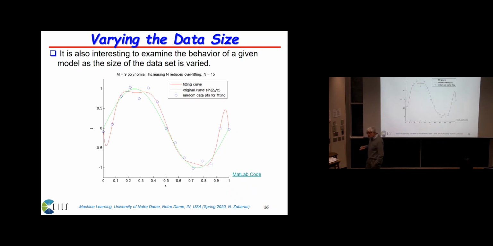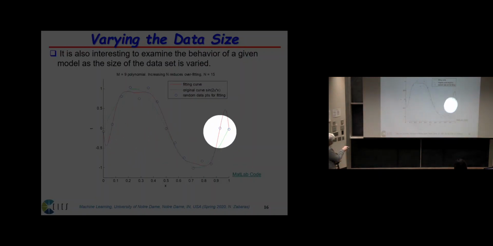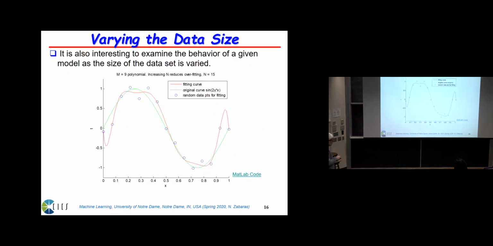So there is an underlying complexity that has nothing to do with how many data points I give you, but this fitting we did tells you if you use more data, the overfitting is not as significant, which means the complexity of the model is not as high as before. So adjusting the complexity to the number of data points you have is not a good thing to do. It doesn't make sense.